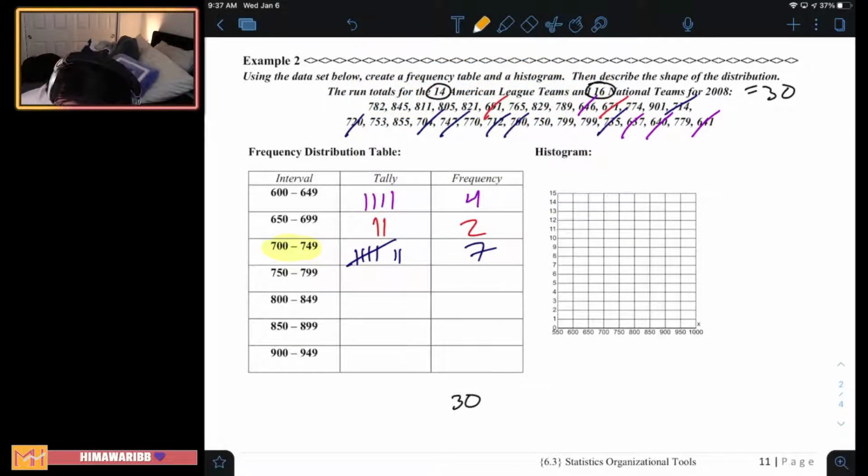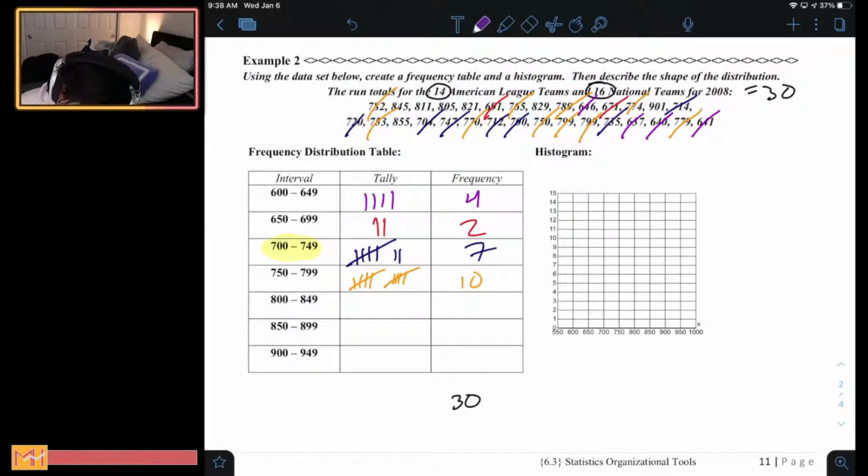Okay. 750 to 799. 1, 2, 3, 4, 5, 6, 7, 8, 9, 10. Okay.